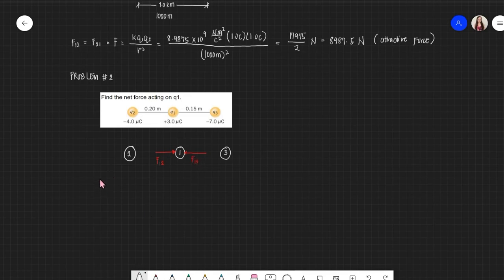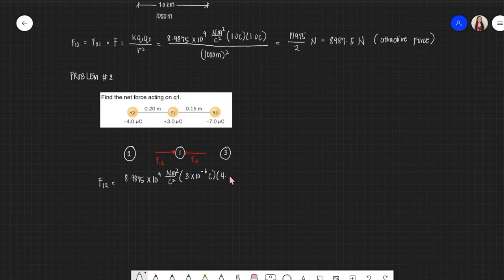So F12 is equal to 8.9875 times 10 to the power of 9 Newton meter squared per coulomb squared. Q1 is 3 microcoulombs, that is 3 times 10 to the negative 6 coulombs. And Q2 is negative 4.